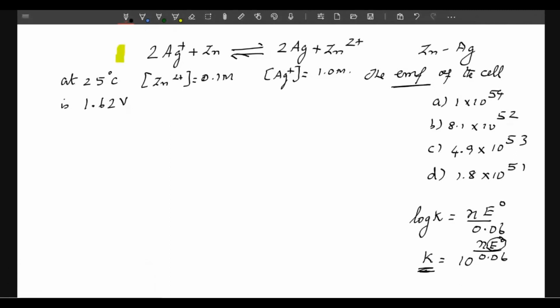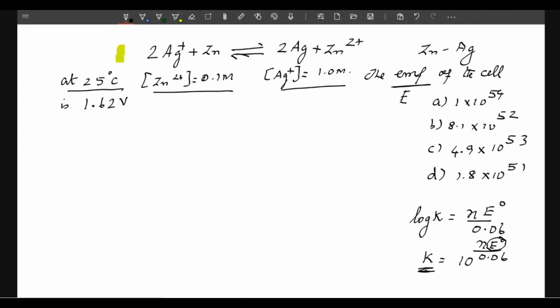For a standard condition, the concentration terms would be 1 molar. Here the silver concentration is 1 molar, but the zinc concentration is 0.1 molar. Therefore, this is not the standard condition. Temperature is 25, so that is standard, but the concentration of the electrolyte is different, therefore it's a non-standard condition. Therefore, the EMF given is for a non-standard condition.